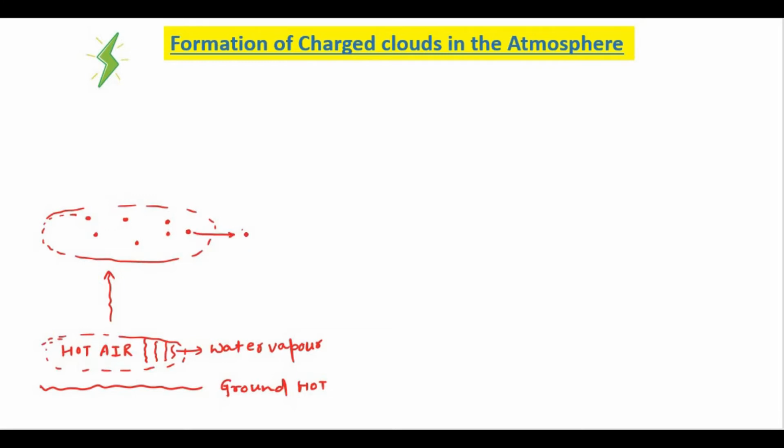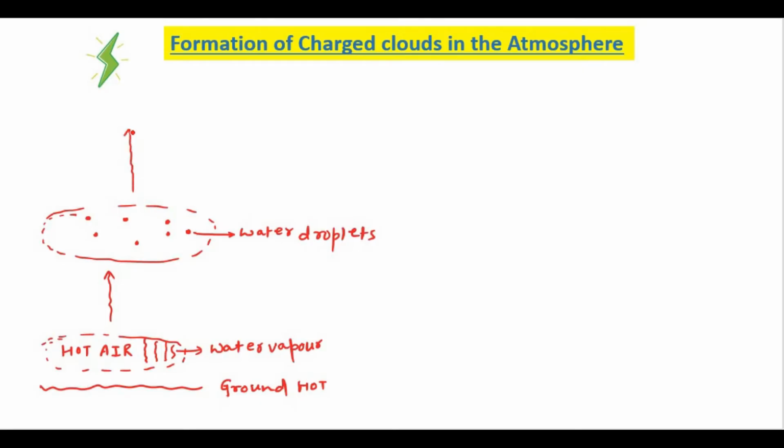So very small water droplets are formed. This is actually the formation of a cloud. Due to evaporation, lots of water changes into water vapor and goes up in the sky to form clouds due to condensation.